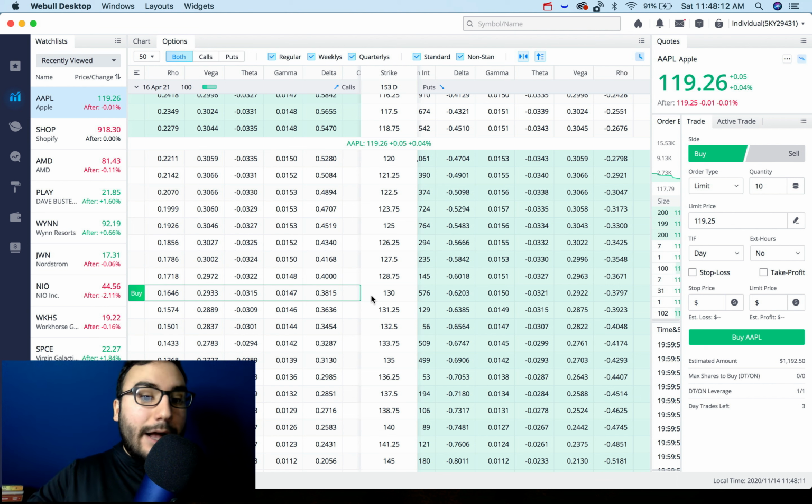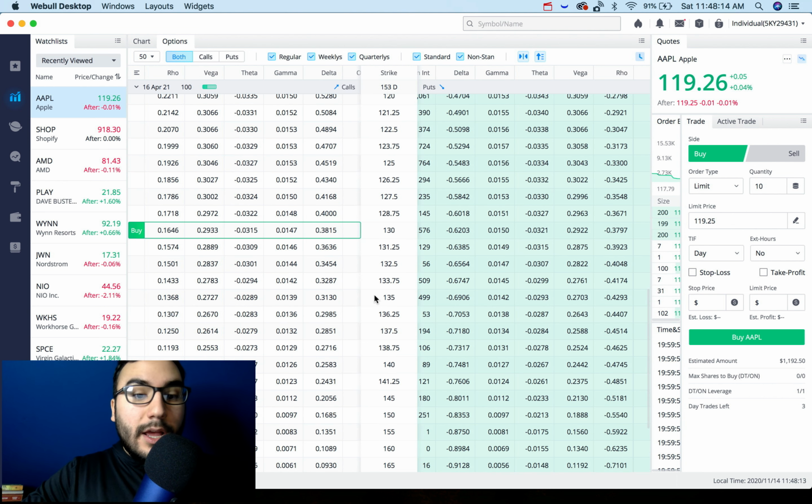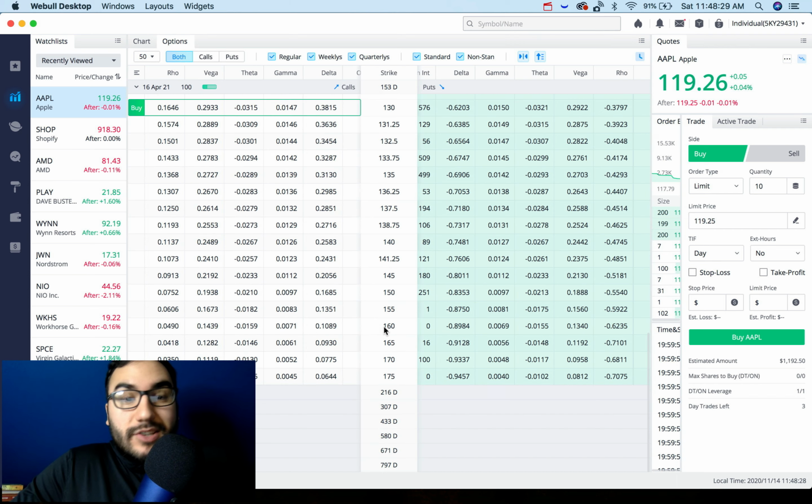And the further down we get on the options chain, it actually shrinks. The probability of Apple getting to, let's say, $145 is only 20%, so half of the almost 40% at $130. And if we try to get to $160 by April, it's only 10%.